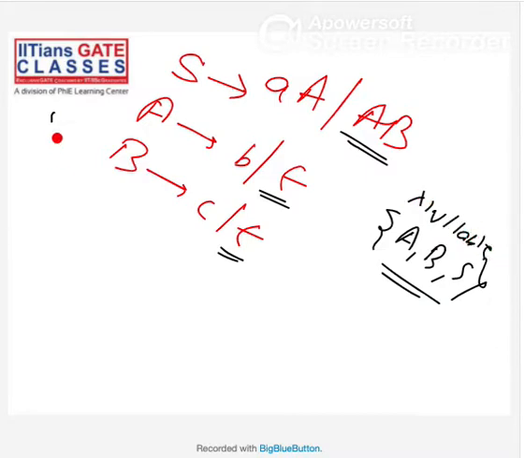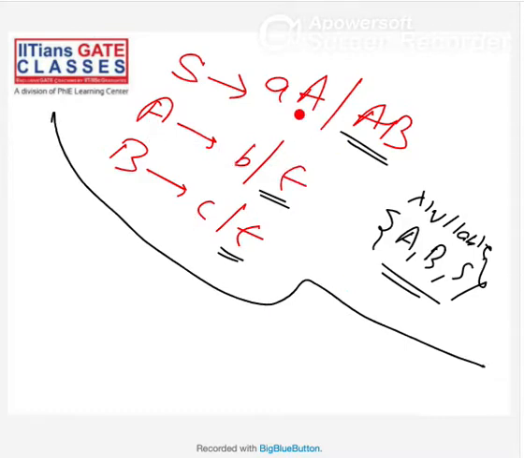Once you have found the nullable symbols, you look at all the right hand sides. First of all, directly add a new start symbol S dash.